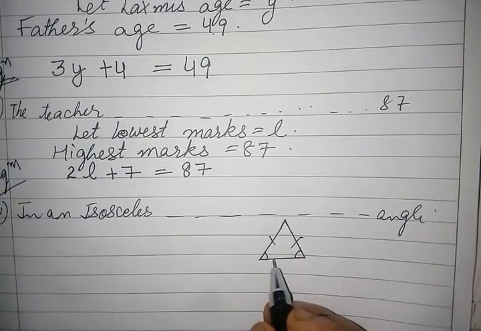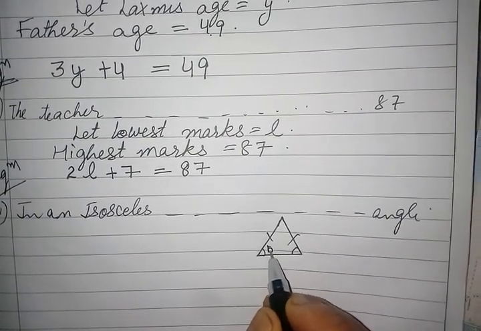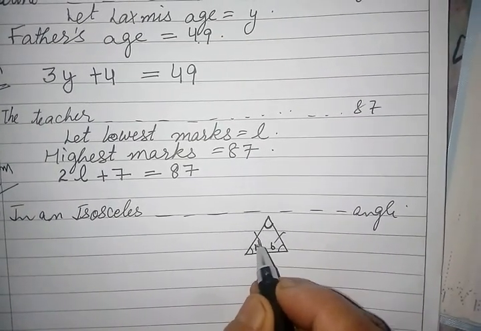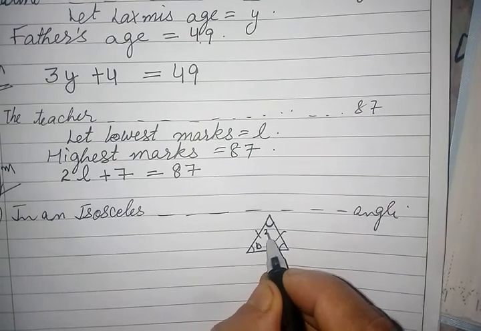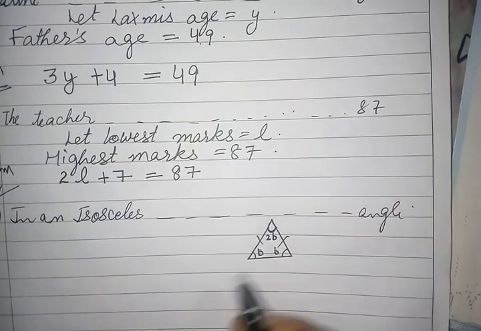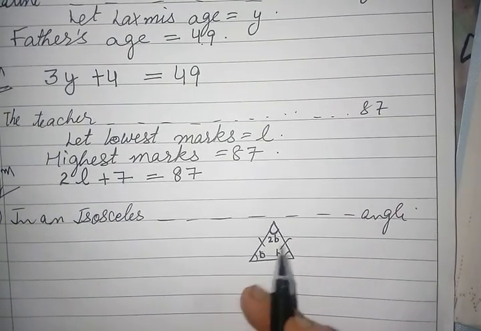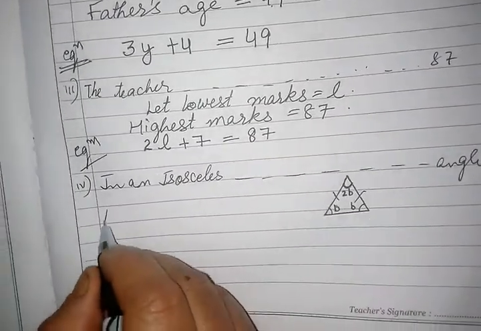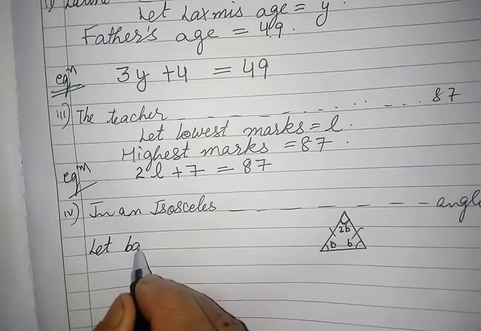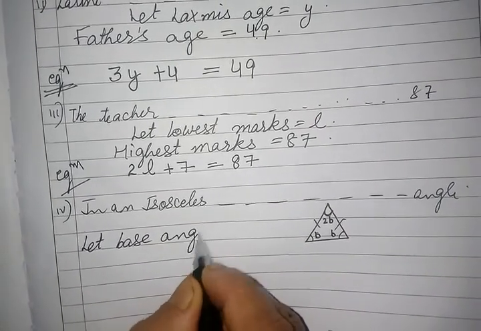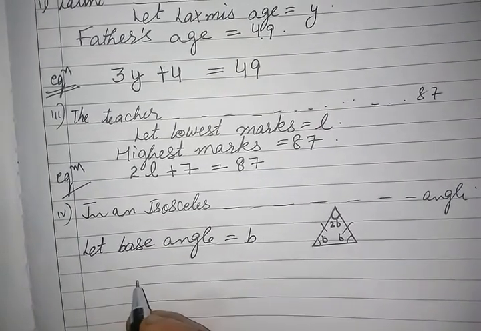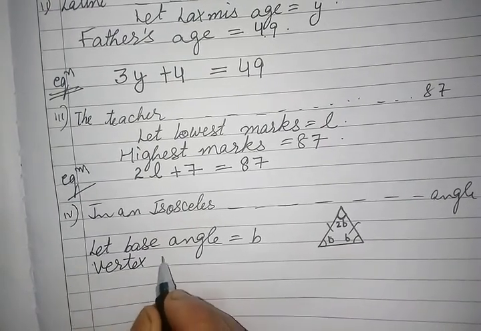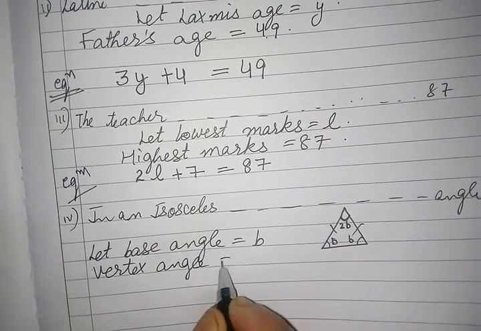Okay, now this angle we take as b degrees, they have given that the vertex angle will be 2 times, so 2b. Now let base angle equal b. Now the vertex angle given is 2b.